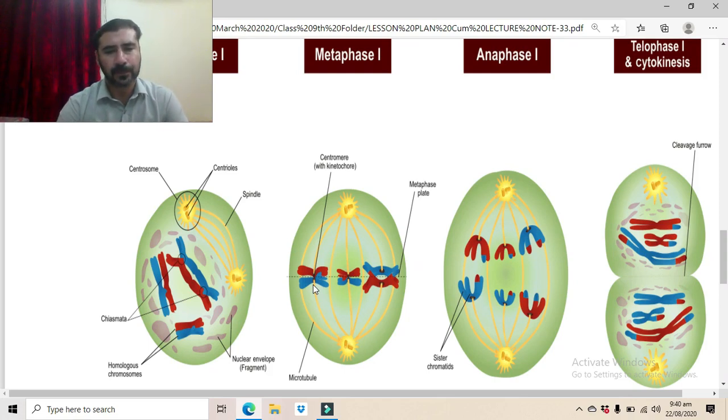So from one pole the spindle fibers attach with one chromosome of the homologous pair, and from the other pole they attach with the other chromosome.